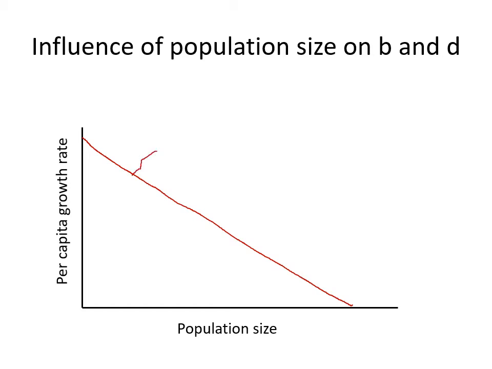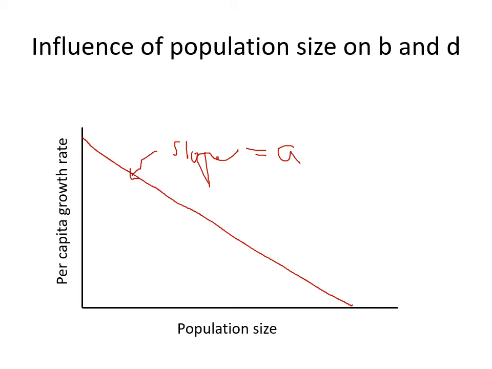The slope of that relationship is equal to A, okay? So A tells us how rapidly birth rate declines as population size increases, okay?